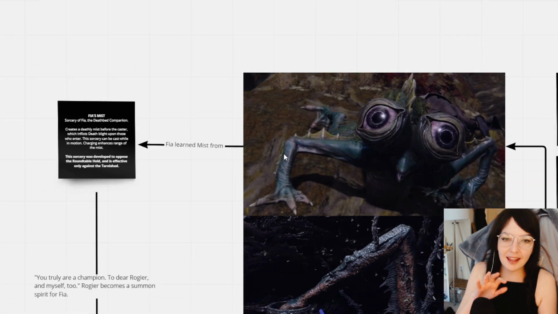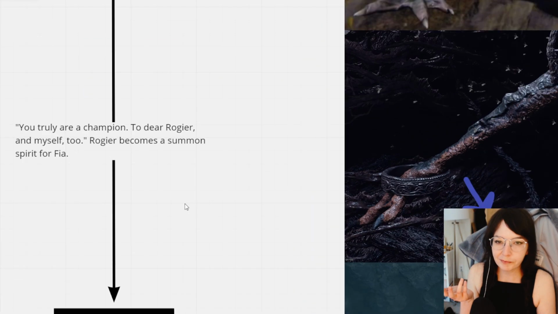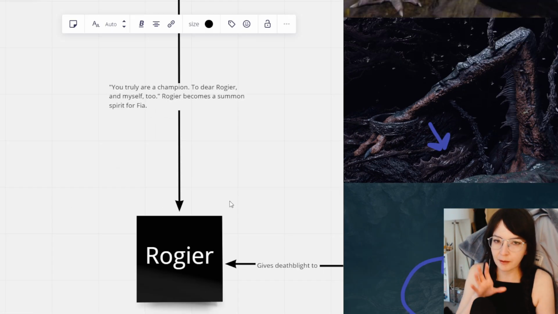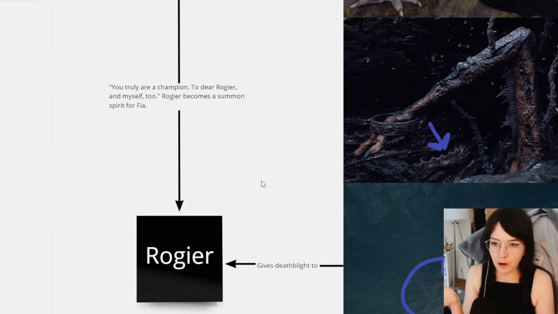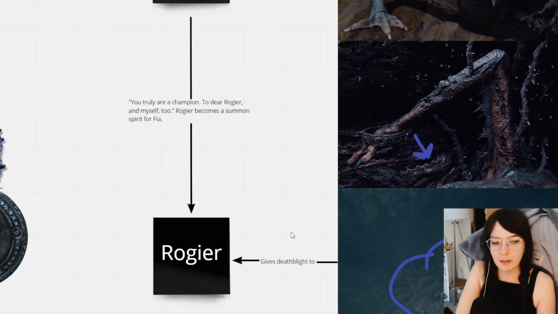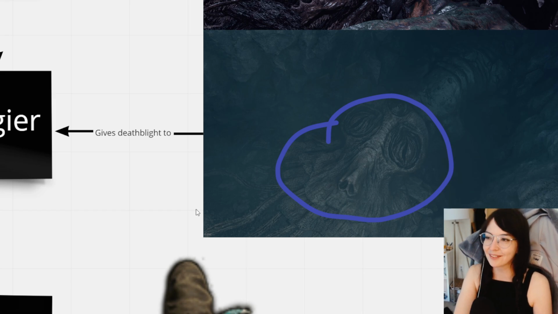But what I do know is that Fia's mist is really similar to the mist that the basilisks use. And then Rogier also becomes one of Fia's thralls through the story and getting death blight via the deathroot down here. So there's a lot of stuff going on.